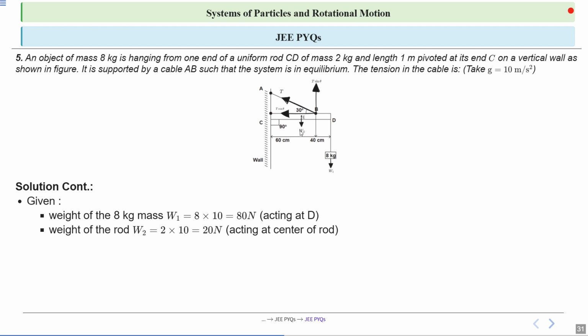This one, W2. So tension in cable AB is T.